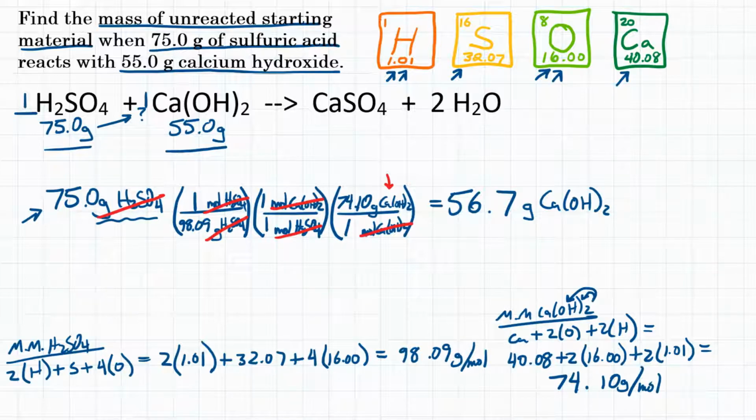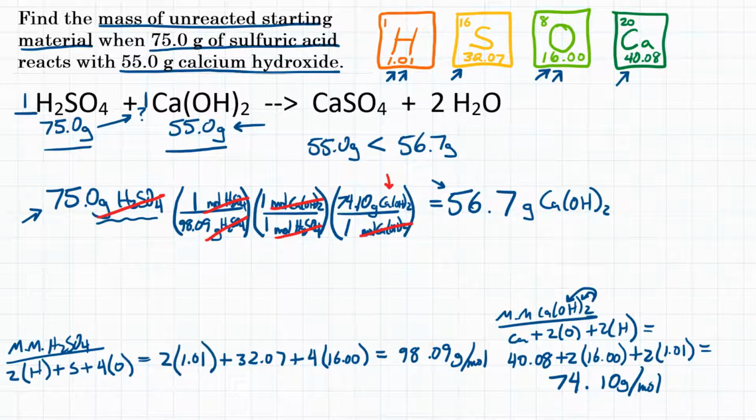So now let's look. The problem says we have 55.0 grams of Ca(OH)2, okay, 55.0 grams. That is less than the 56.7 grams of calcium hydroxide that we calculated would react with the 75 grams of sulfuric acid.